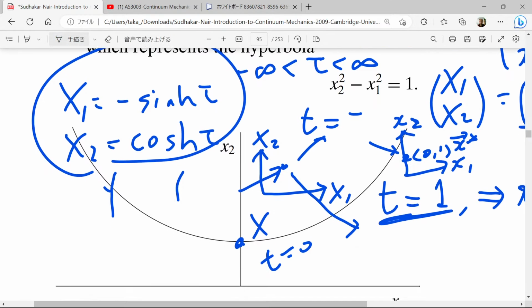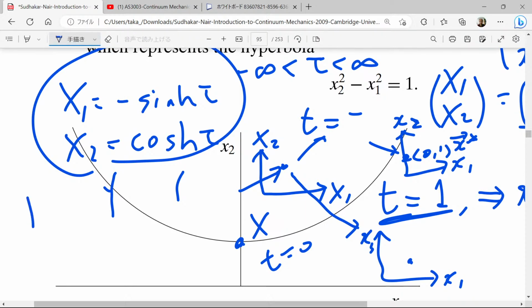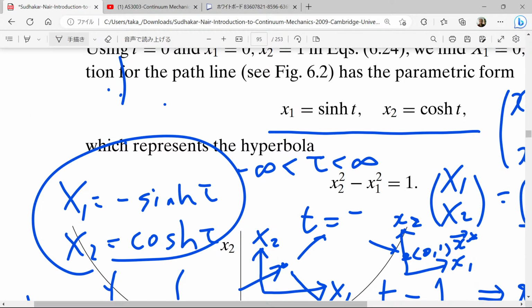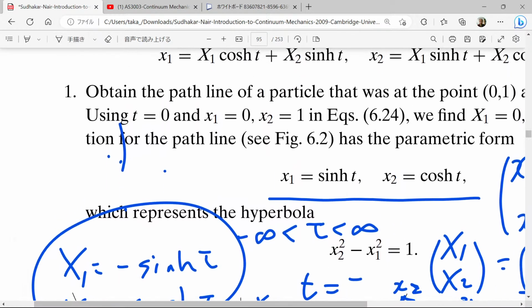At t equal 1, this will be some point in spatial coordinate, this point, right? So to obtain this point, we use this top equation, right?